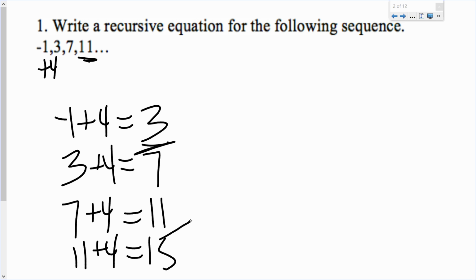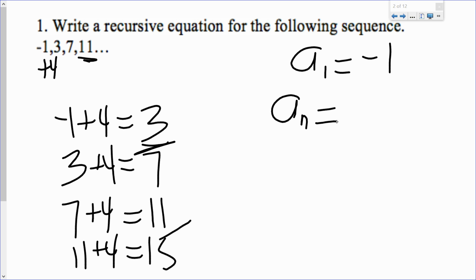This is how we're going to write the formula recursively. A recursive formula always has to start with a1 equals, in this case, negative 1. We need a starting term. If you don't have a starting term, then we can't do anything with it. Now, if I want to find a term, I'm going to call it a of n.